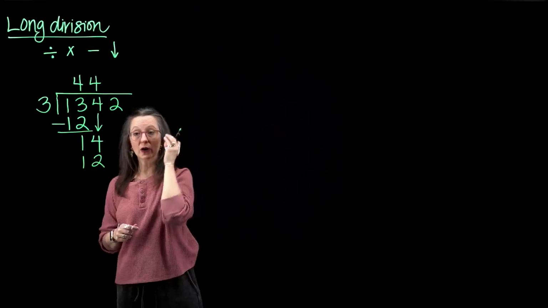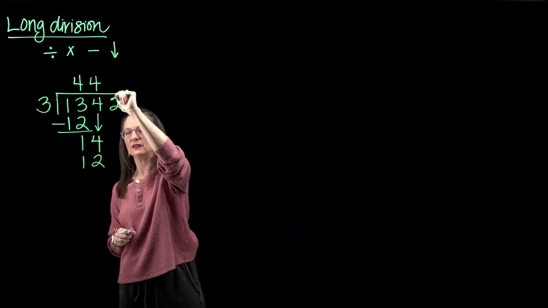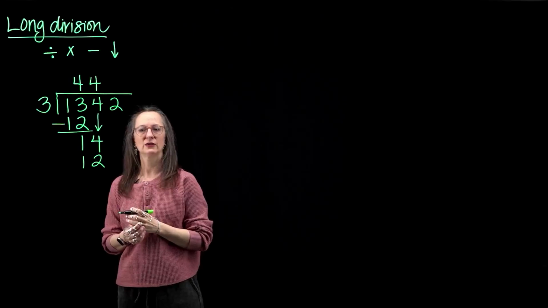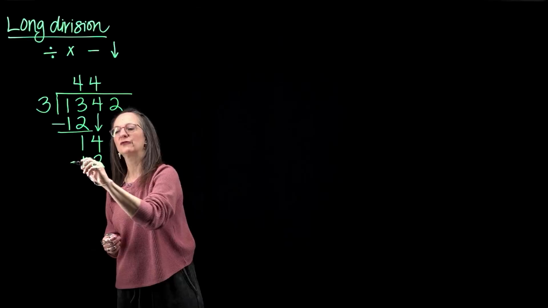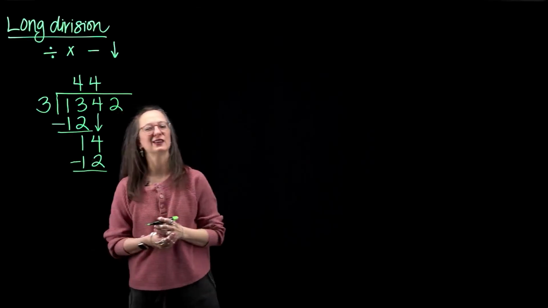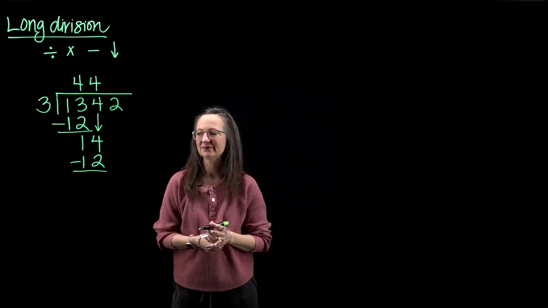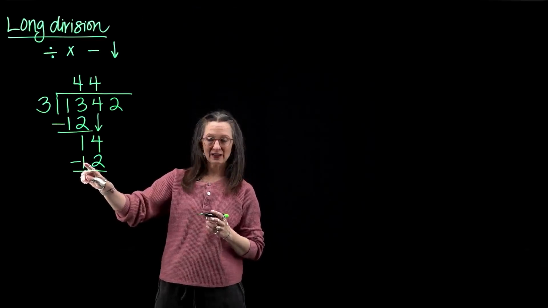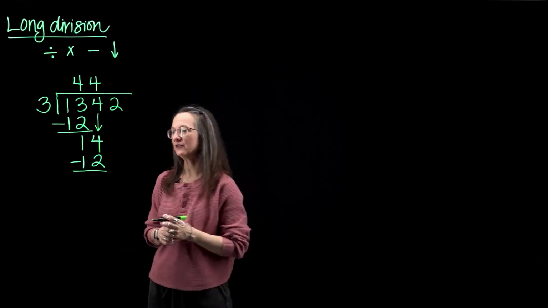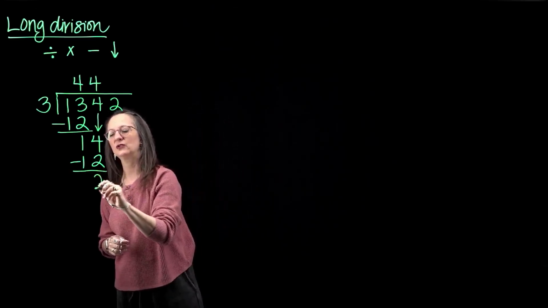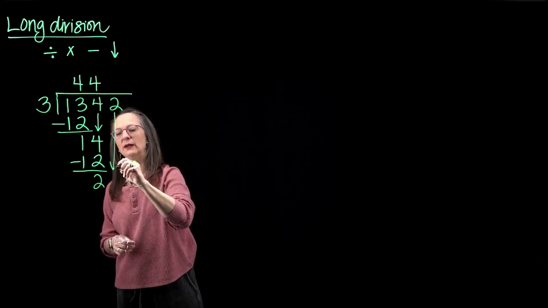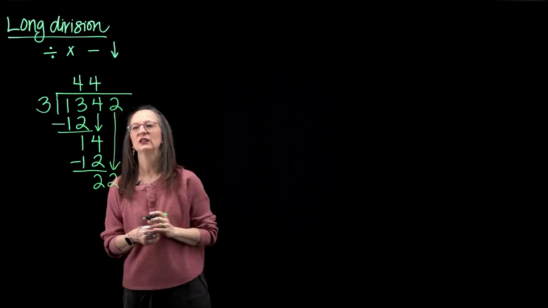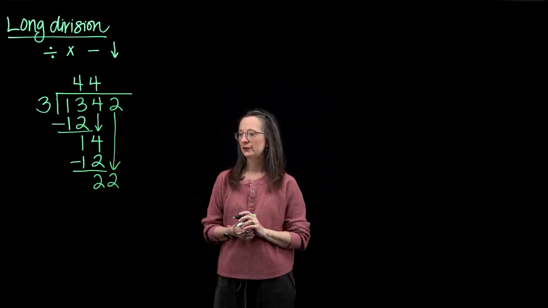So I wrote the 4 up above the division bar, directly above the 4. 4 times 3 gave me 12, so I wrote the 12 underneath the 14. And then we're going to subtract. So I will subtract 12. 14 minus 12 is 2. And I'm going to draw the arrow to bring down that final digit of 2.